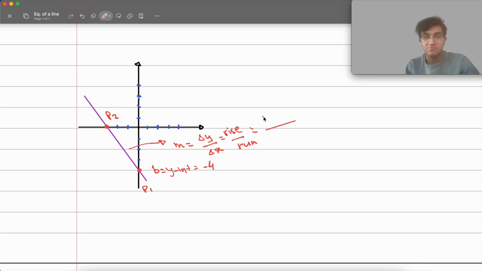So this one is 0 minus negative 4, so it's going to be 4, and this one, its x coordinate is 0 and this one is negative 3, so it's going to be 4 over 3. So the slope is 4 over 3, and its general equation is 4 over 3 x minus 4.